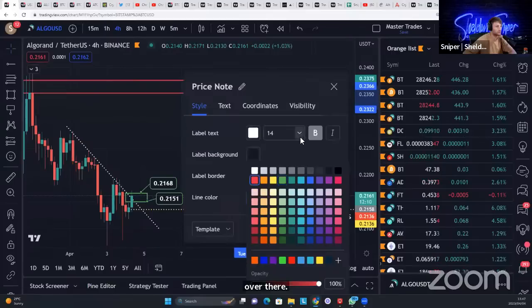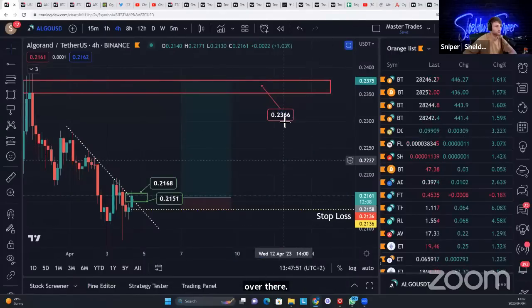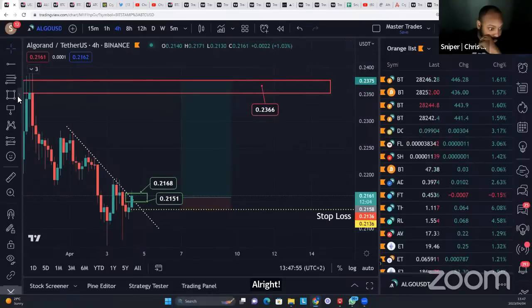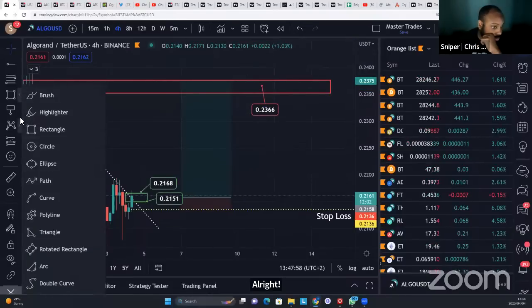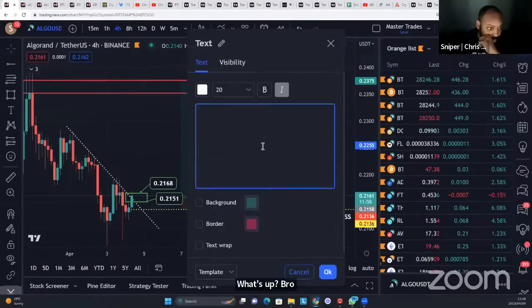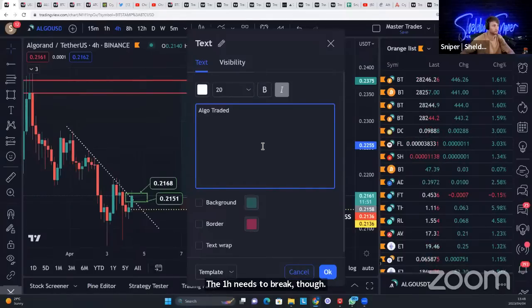Good. Anchor on a 4 hour looks good too. The 1 hour needs to break though. Over trade, okay.